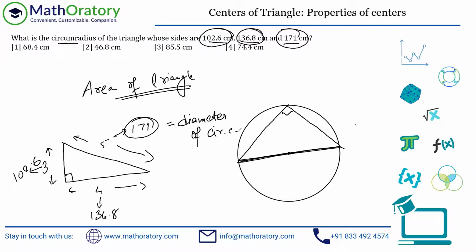So this is the diameter of the circumcircle. So if the diameter is 171, the radius of the circumcircle will be basically 171 by 2, which is 85.5. That should be one of the options. And by the way, the radius of the circumcircle is the circumradius. So that is our requirement here.